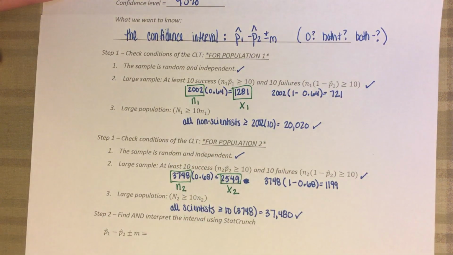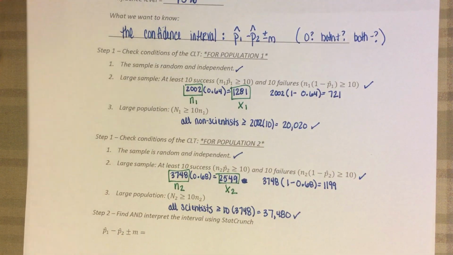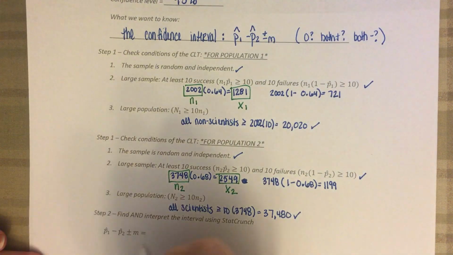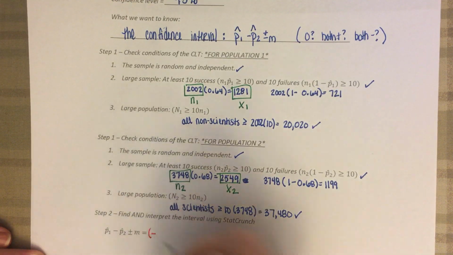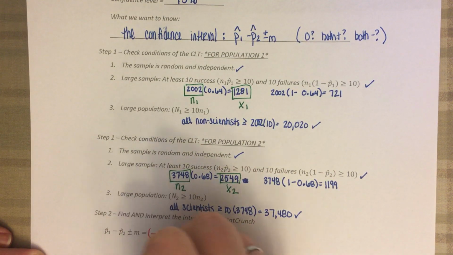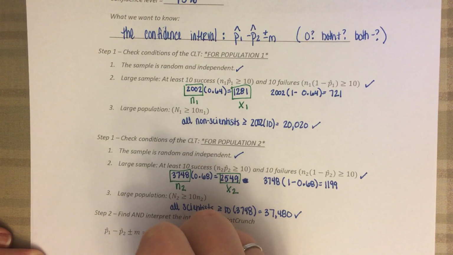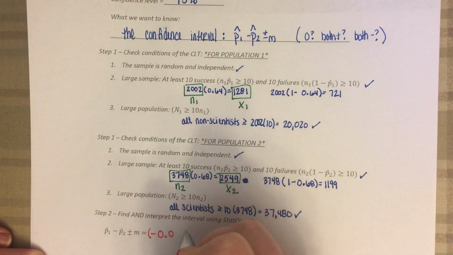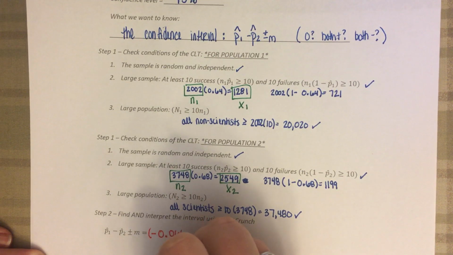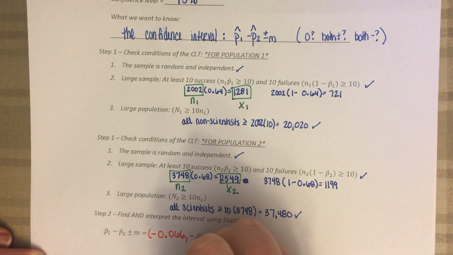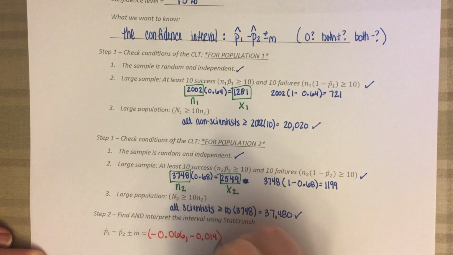X2 is this 2,549. Our interval: if we enter this into StatCrunch and we select compute, we get negative 0.066 to negative 0.014.